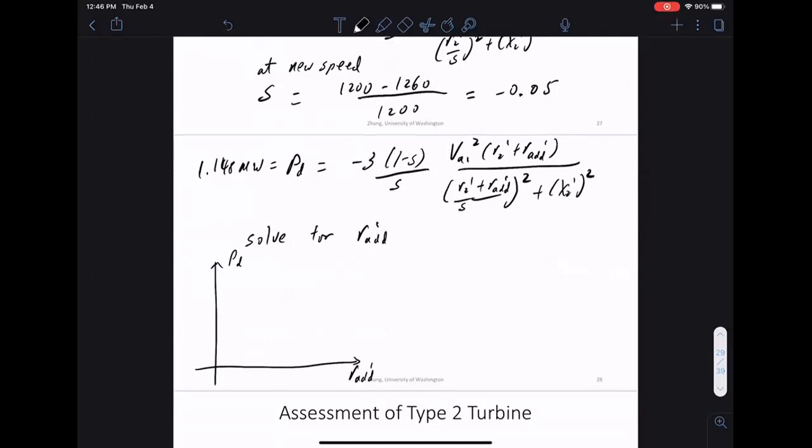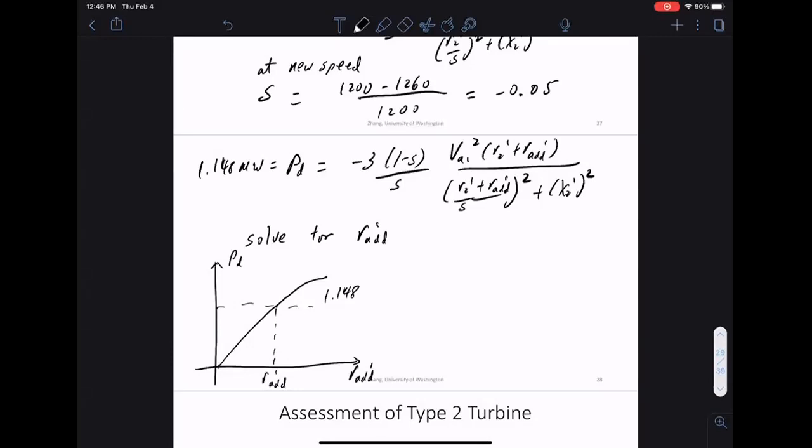R add cannot be smaller than 0, so you start from 0 and plot this curve, which goes up like this. Then you can cross it with the line at 1.148 and read off R add prime. So the easiest solution is probably just to graph it and read off where the intercept is.